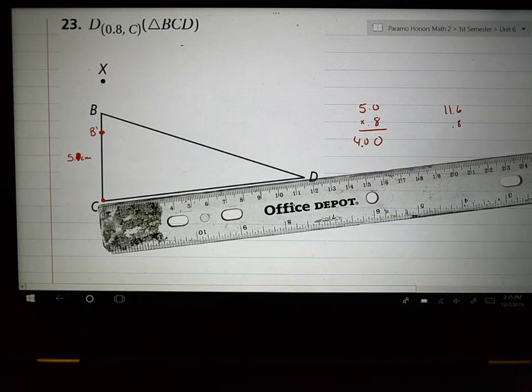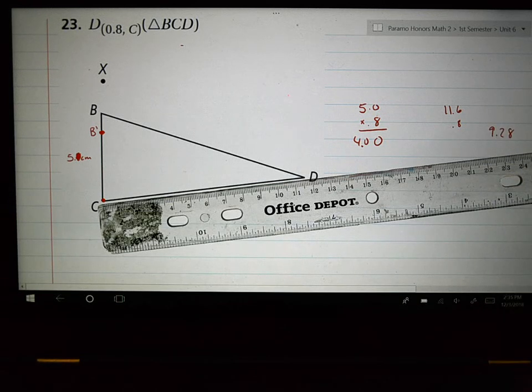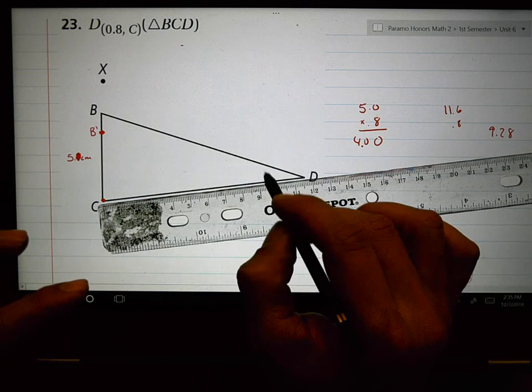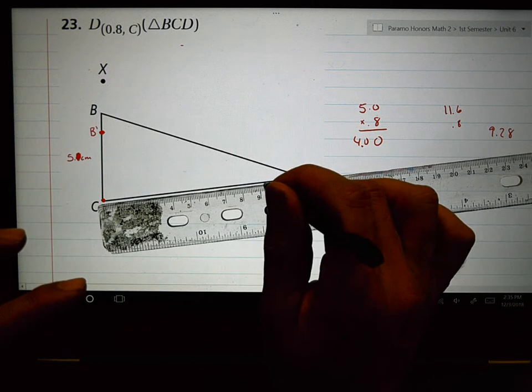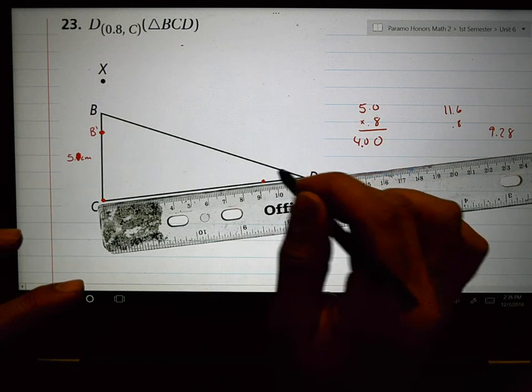Take my calculator just because for speed. 9.28, which is almost 9.3. I don't think I'm going to get any closer than that. 9.28 is right about there. And this is D prime.